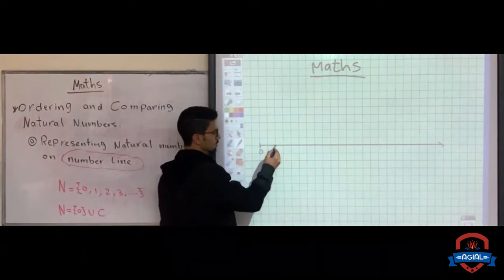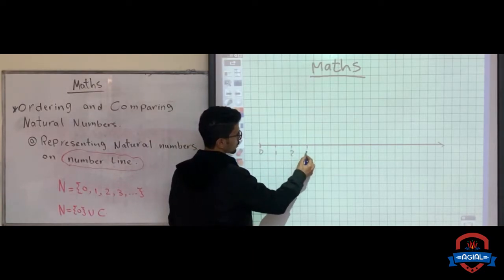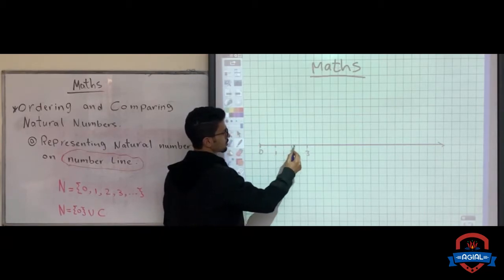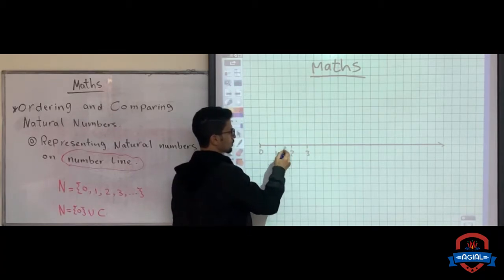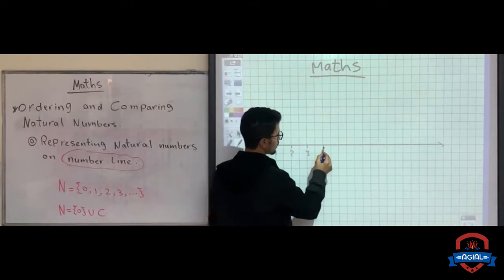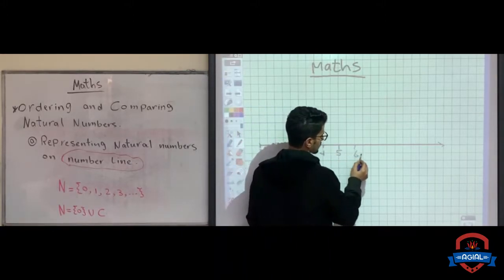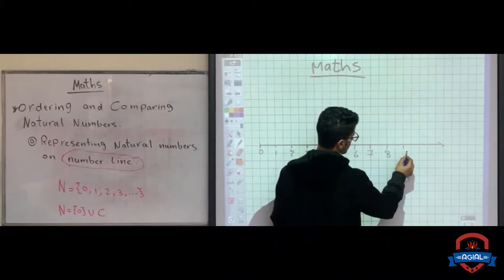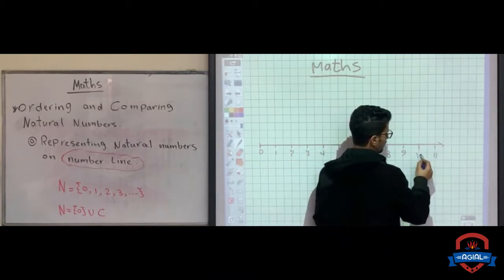So we write 1, 2, 3, and notice that between every two numbers we have the same distance. So we have 1, 2, 3, 4, 5, 6, 7, 8, 9, 10 and 11.